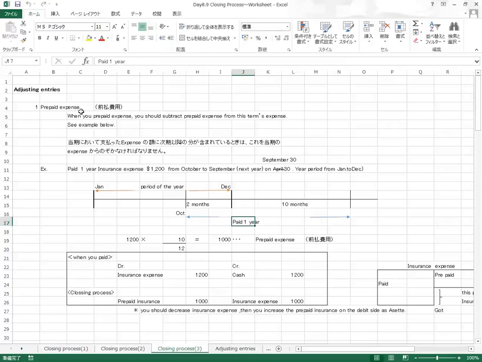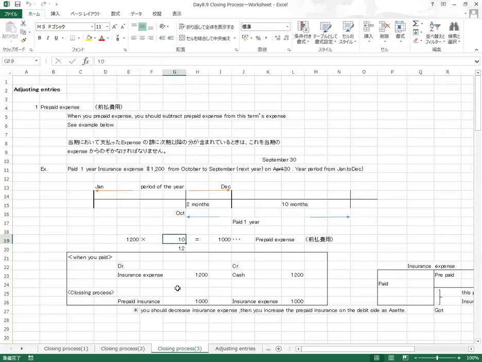You record prepaid expense. This is asset account. And this is the calculation. $1,200.